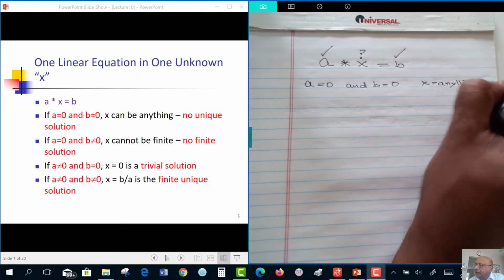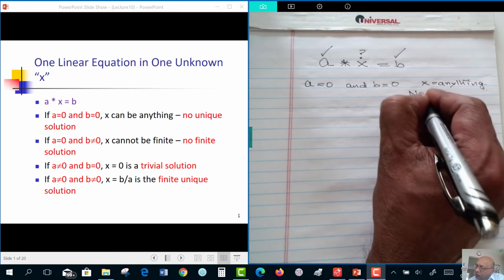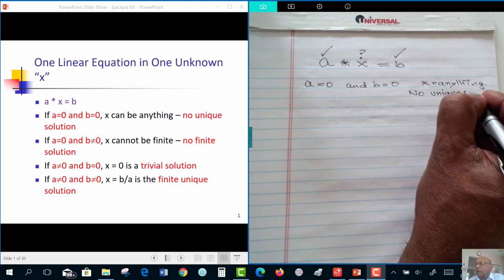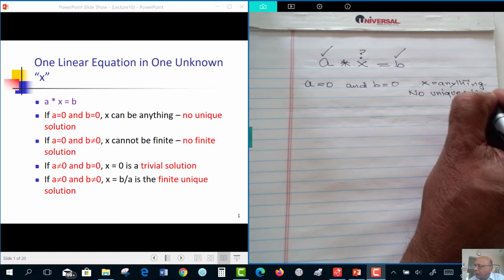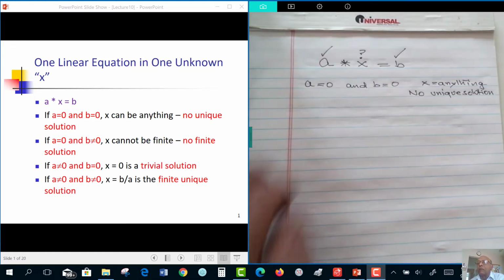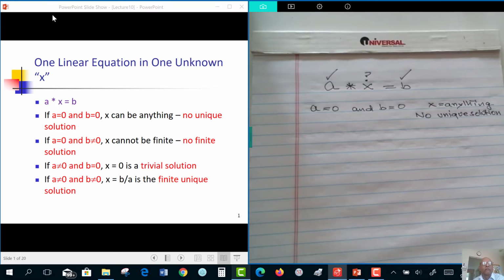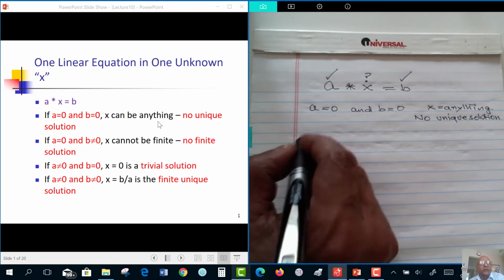So that means we have no unique solution. So if A is 0 and B is 0, we have no unique solution. Now let's look at the second situation.